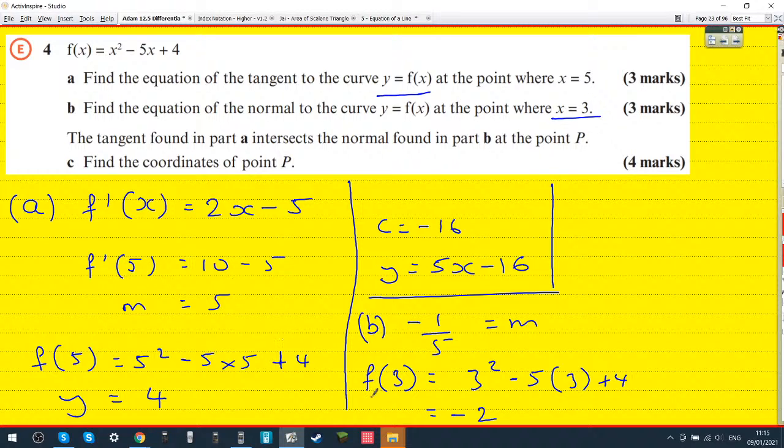And then can we use y equals mx plus c? Yeah. So it'd be minus 2 equals minus a fifth times minus 2 plus c.